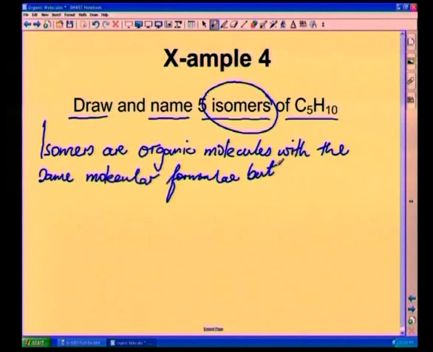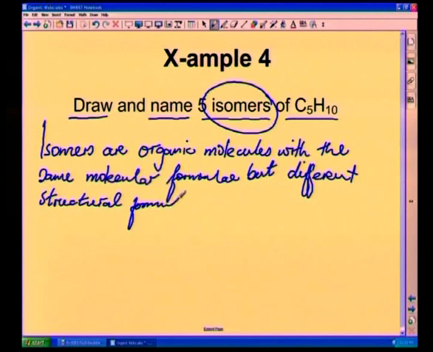But different structural formulae. Okay, so that is what an isomer would be.